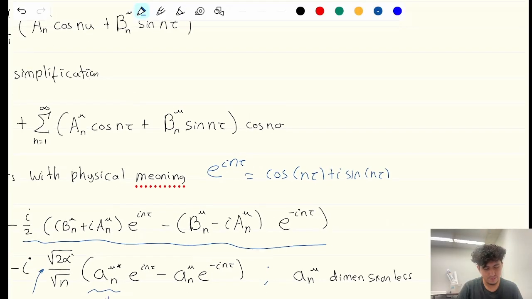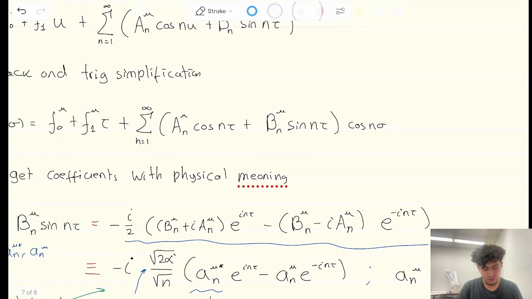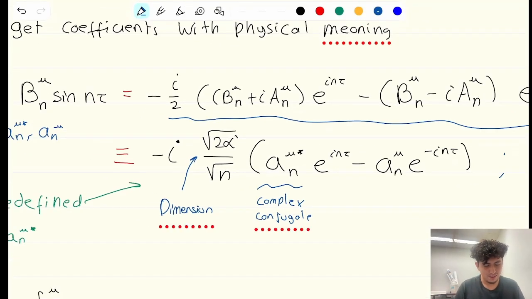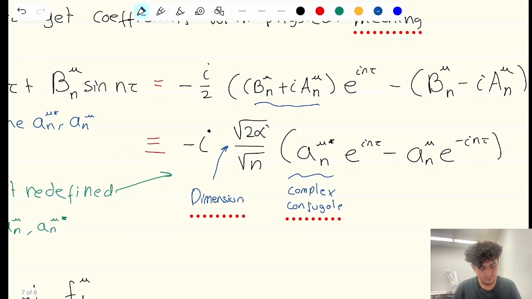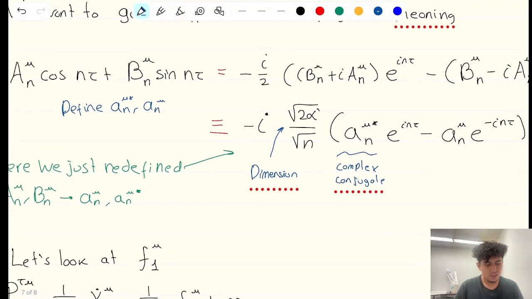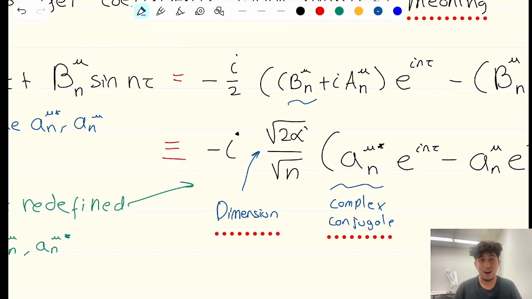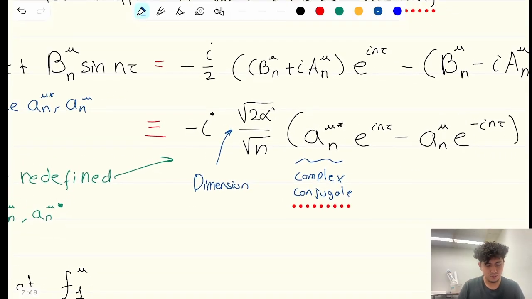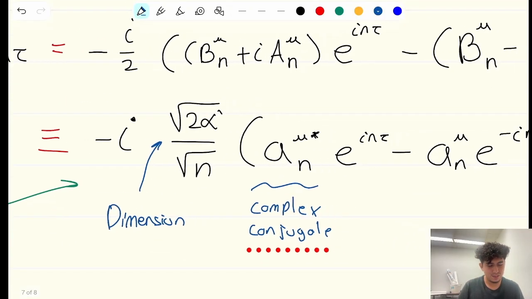So that's what I'm doing here. And you put it in this form. And then you can also redefine all these constants into these new A coefficients. These A coefficients have a lengthy definition, like you have to move stuff around.